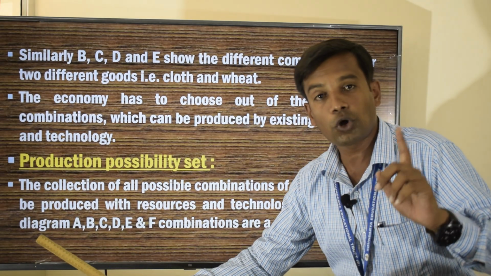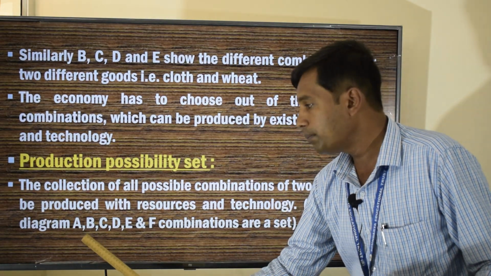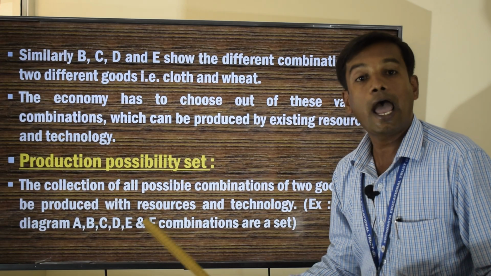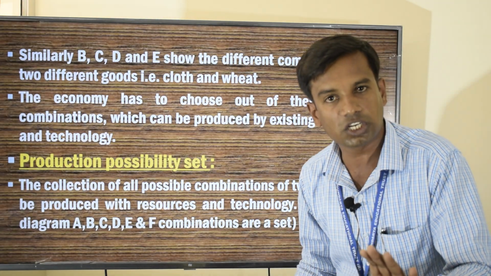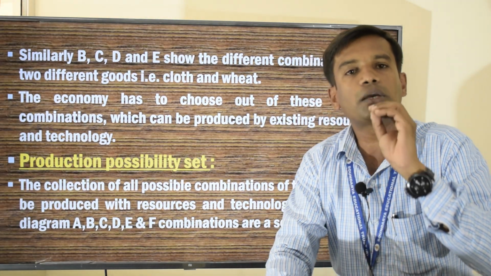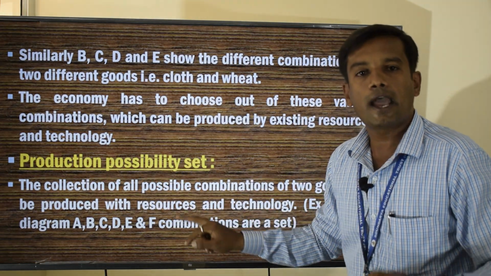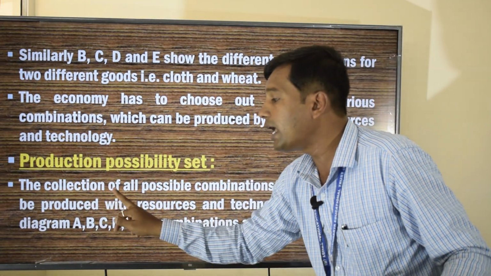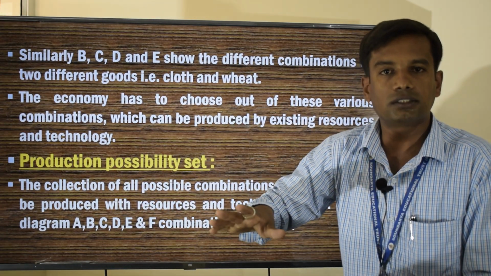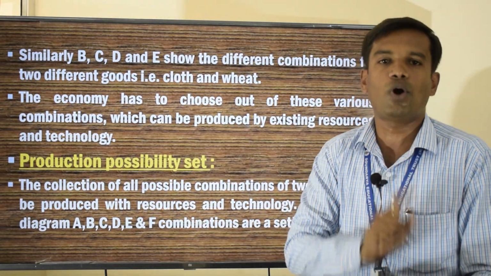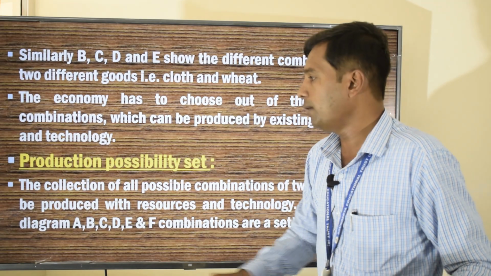In the diagram we saw that there were A, B, C, D, E and F. There were 6 combinations. Together it is nothing but a set, which means the production possibility set represents the collection of all the bundles. I repeat once again, listen carefully.